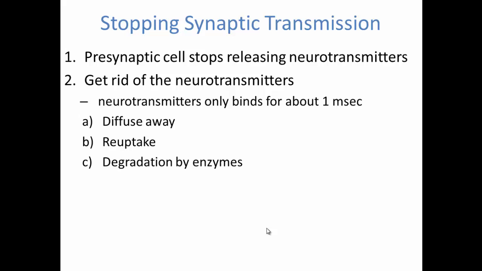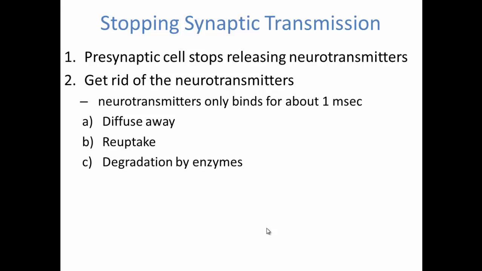So now I want to talk about stopping synaptic transmission. Basically, synaptic transmission stops when the presynaptic cell stops releasing neurotransmitters. And then we have to get rid of the neurotransmitters. Now, neurotransmitters only bind to the receptor for about 1 millisecond, and then they unbind, and now they're in the cleft again. And so what can happen from here is that the neurotransmitter can just diffuse away, or the neurotransmitter can be taken back up by the presynaptic neuron.